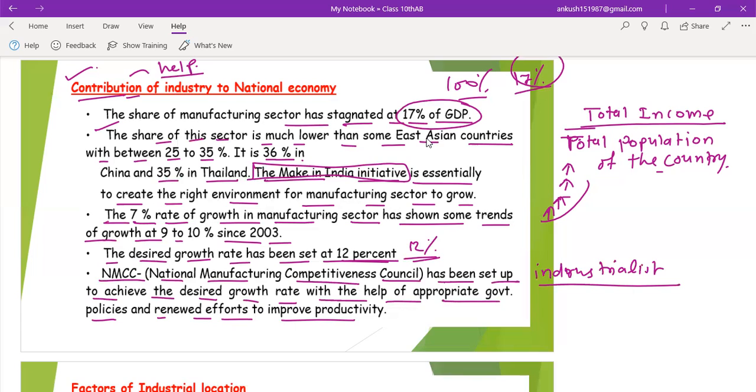It is the government as well. We should provide such an environment to the industrialists so that they would be able to perform competitively in the global market. Have you got it? So manufacturing industries are a great help to national development and its economy.